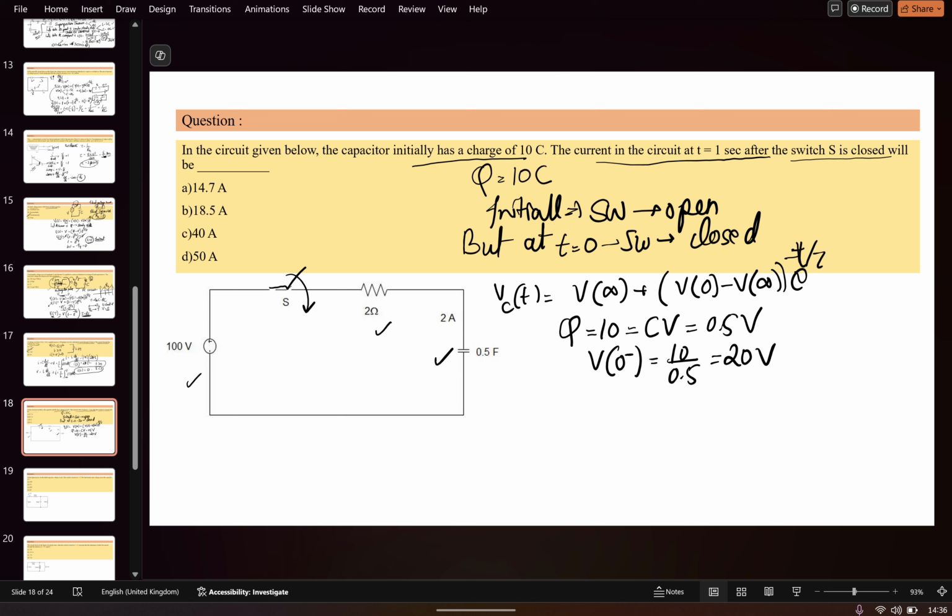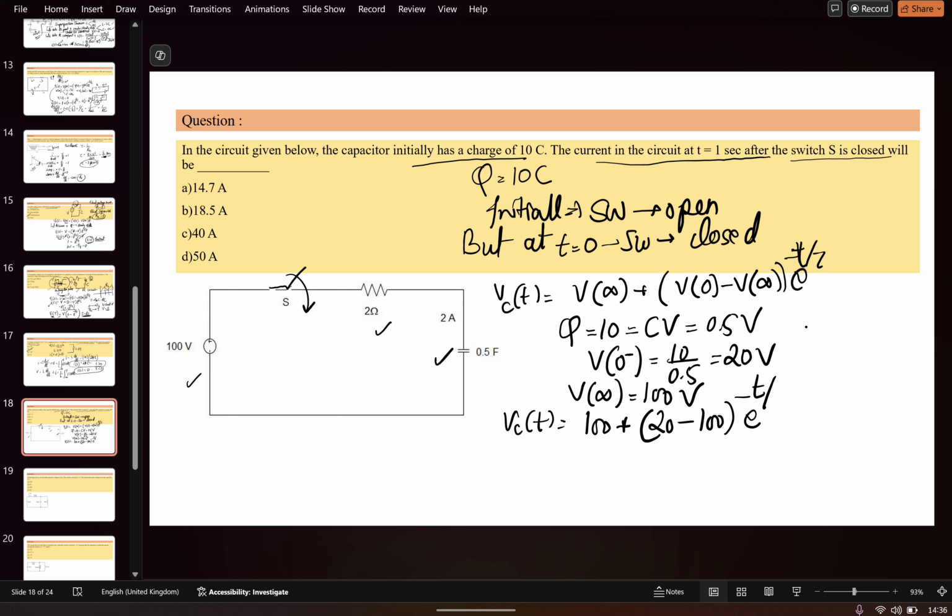Okay. And V infinity means when the circuit is in the steady state, the capacitor will be open circuited. Open circuit means 100 volt will appear across it. So the standard equation will become V_C(t) is equal to 100 plus (V0, which is 20, minus 100) e to the power minus t by tau.